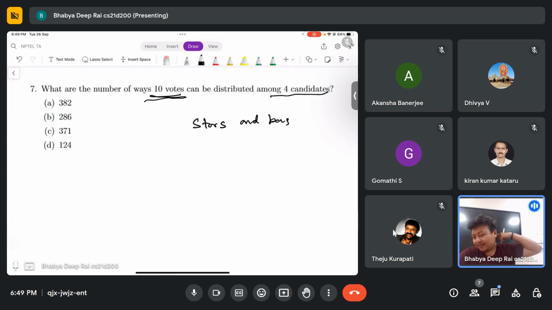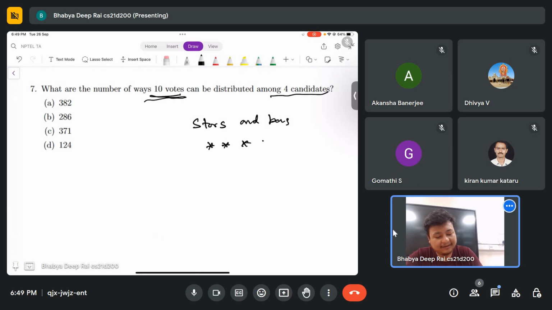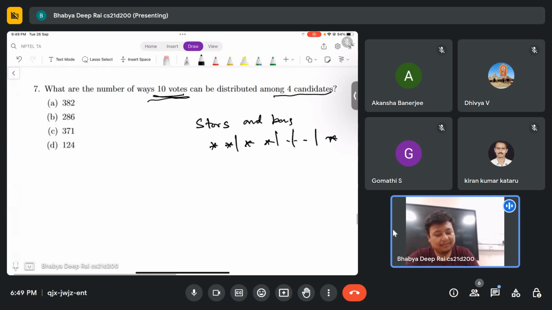If you remember from past lectures, you can have 10 stars, and then how many ways can you place bars to separate and categorize these to candidate 1, candidate 2, and so on. That is one way to do it, but we can use polynomials to do it.